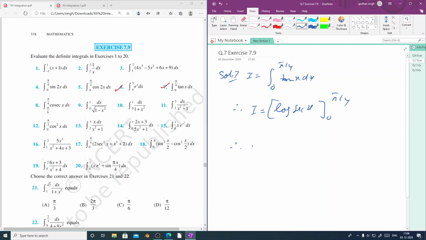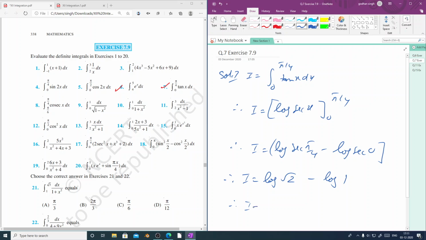So therefore I equal to log sec pi by 4 minus log sec 0. Therefore I equal to log, now sec pi by 4 is root 2, so log root 2 minus sec 0 is 1, so log 1.